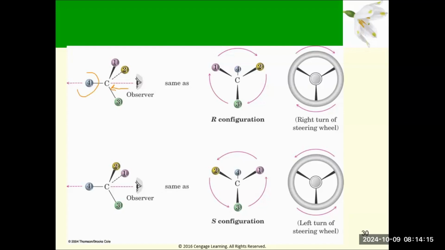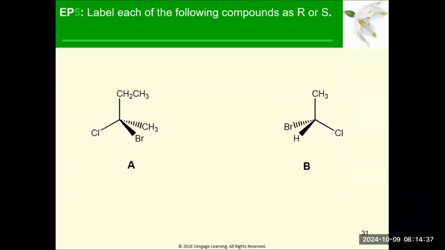So 4 is in the back. If I count 1, 2, 3, that is going right. Therefore, it's R. However, if I look and it's going 1, 2, 3, that is left. So it will be S. Again, note 4 has to be in the back.